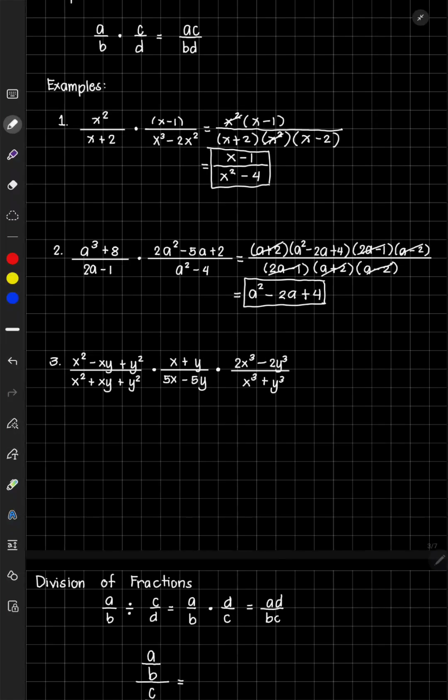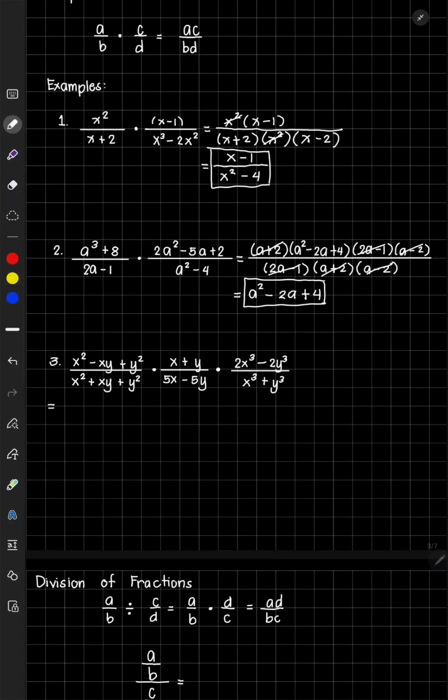So for number 3, again, before we multiply all of these expressions, we have to simplify them first for easier calculation or multiplication of the rational expression.